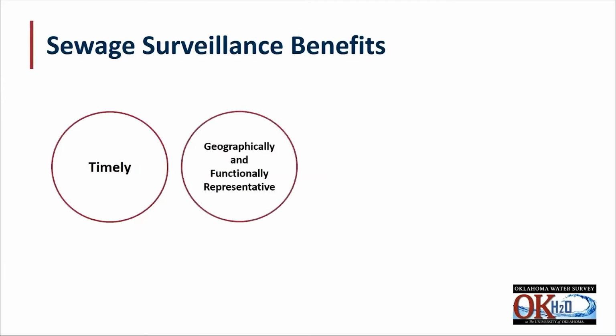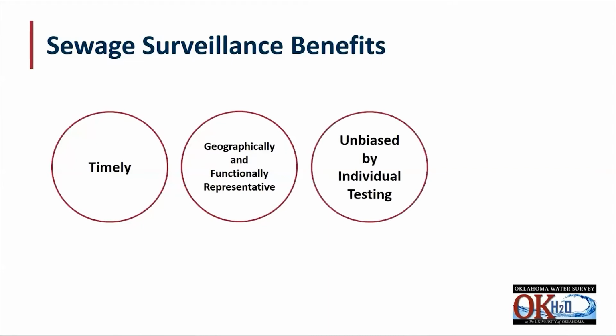Within that geographically and functionally representative space. So within that drainage area of the sewer, we're able to sample that. And as long as we're sampling it in a representative way, as we discussed, we're able to get results that are representative on a population level of that area.